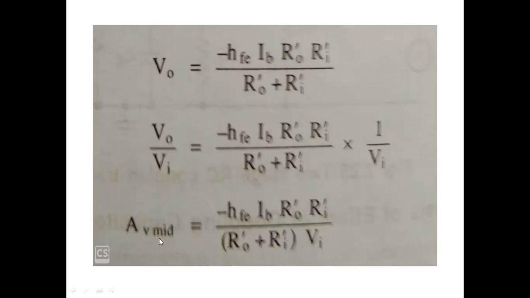This represents the voltage gain at mid frequencies, equal to minus hfe IB ro dash RA dash by ro dash plus RA dash into Vi. We will use this equation later also, so just remember it. This is the voltage gain at mid frequencies.